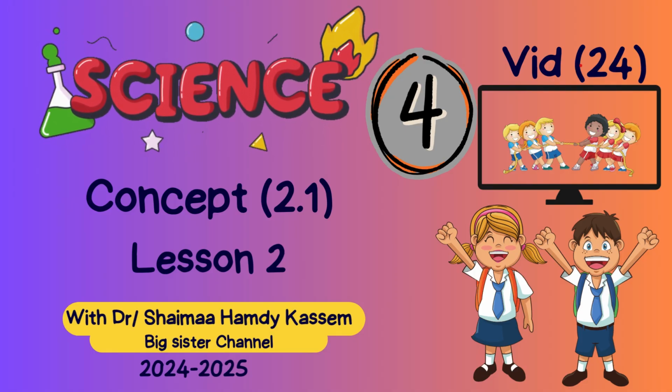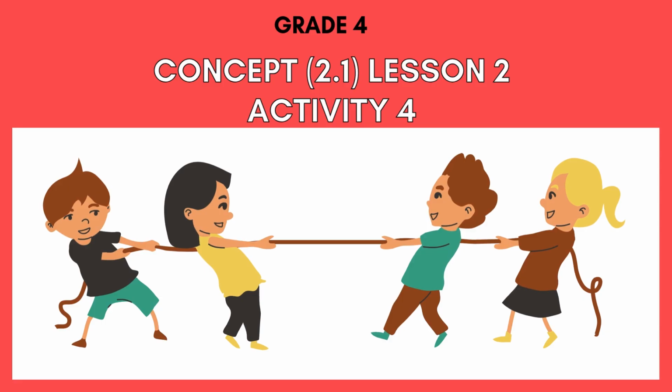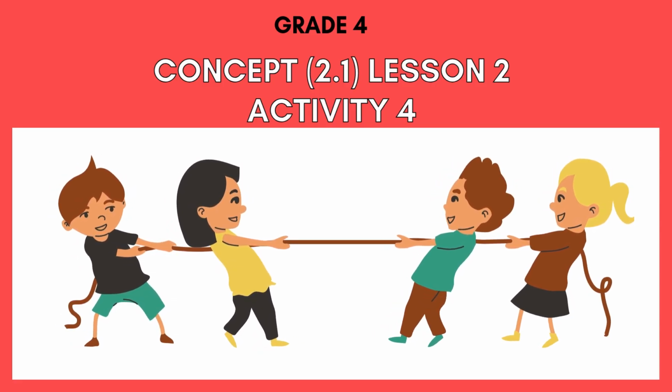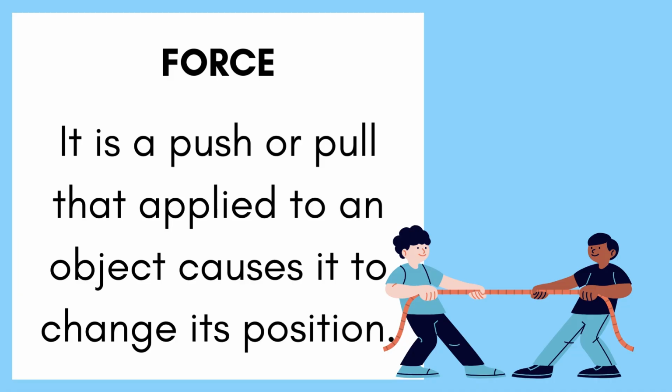So, let's start. Here we have activity 4. We already know that force means a push that moves the thing away from you, or a pull, which moves the object towards you.